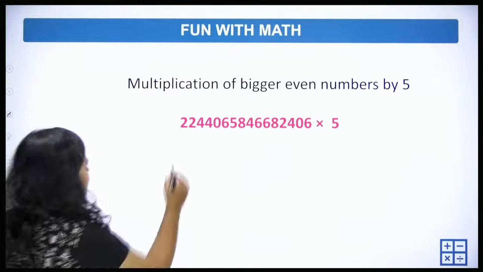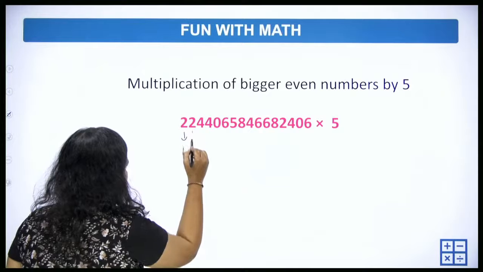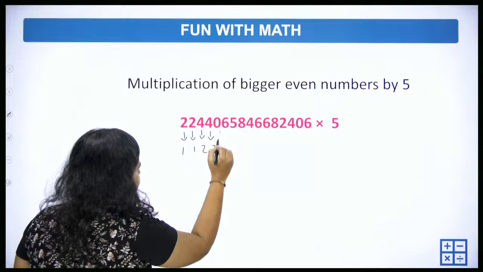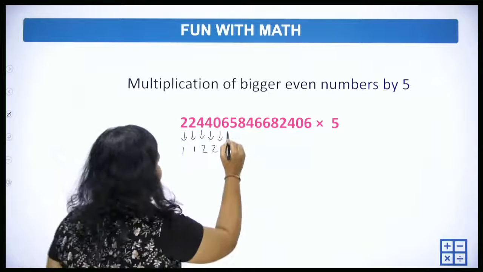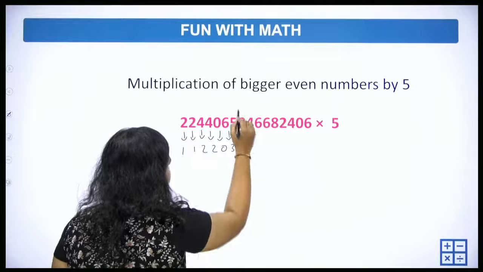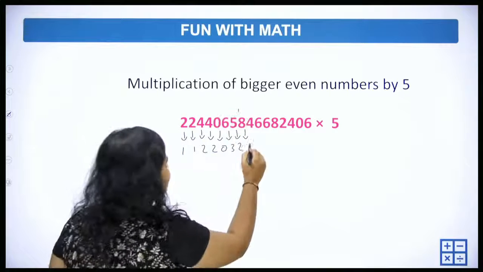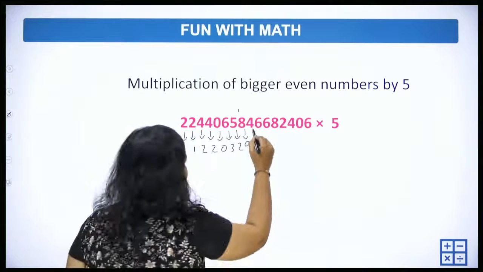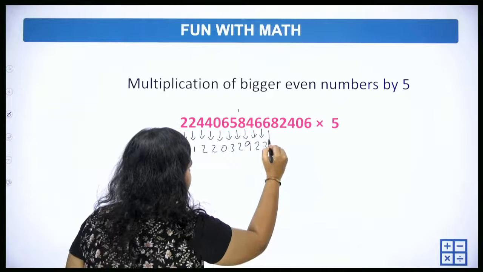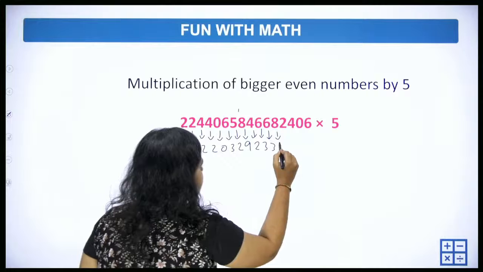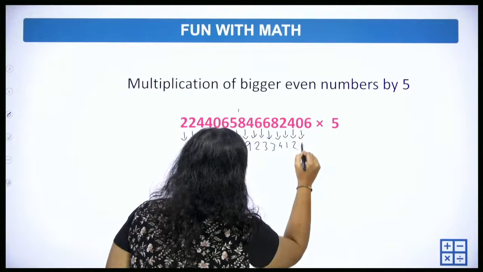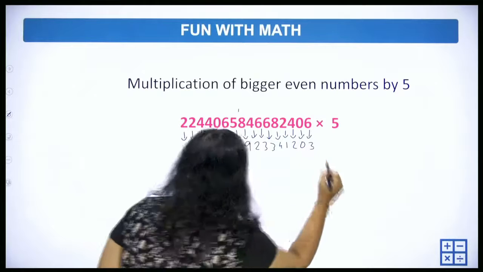So, start. So, for 2 it becomes 1, 1, 2, 2, 0 comes as it is, 6 becomes 3, 5. So you are dividing with 2 and 1 gone, 18 is 9, right? So for 4 on division with 2 becomes 2, 3, 3, 8 becomes 4, 1, 4 becomes 2, 0 as it is and 6 comes as 3.